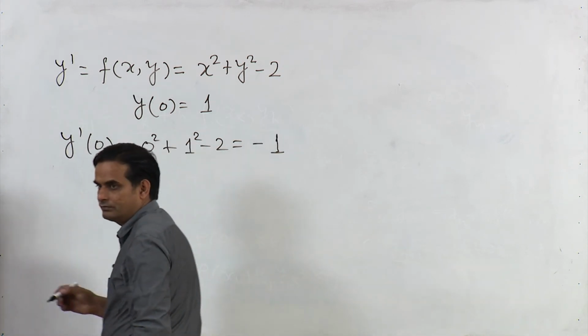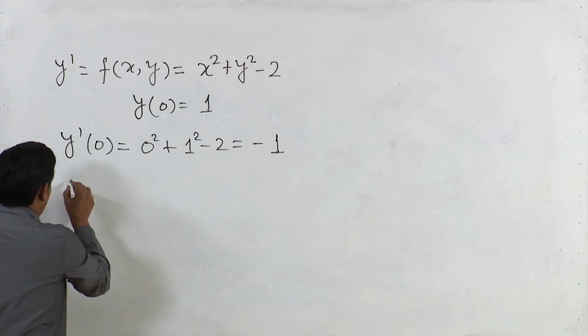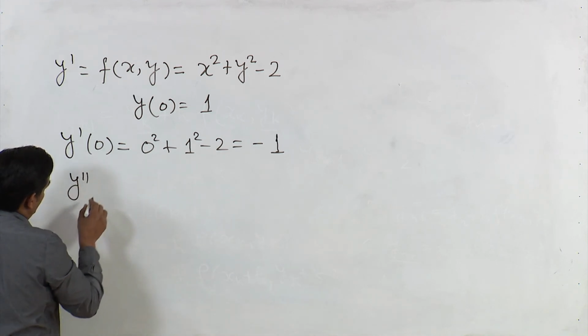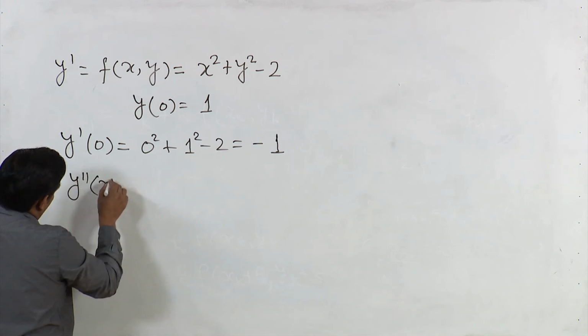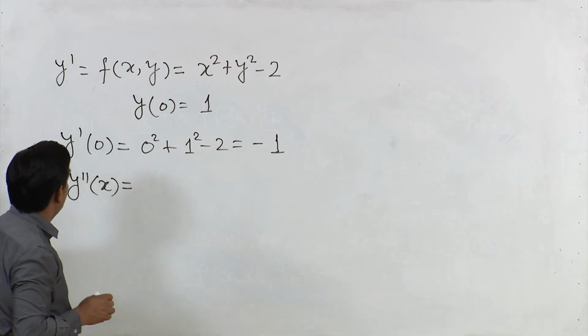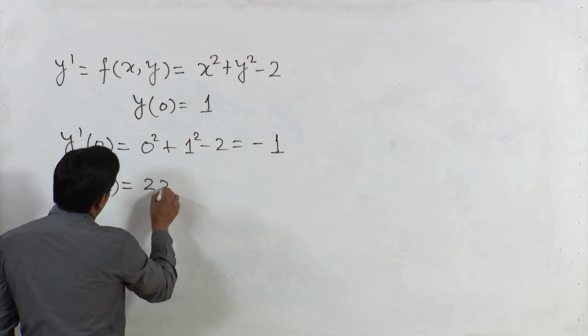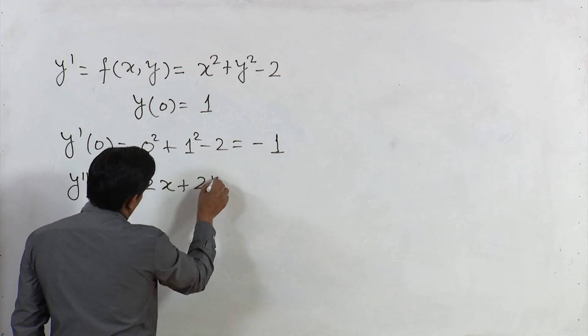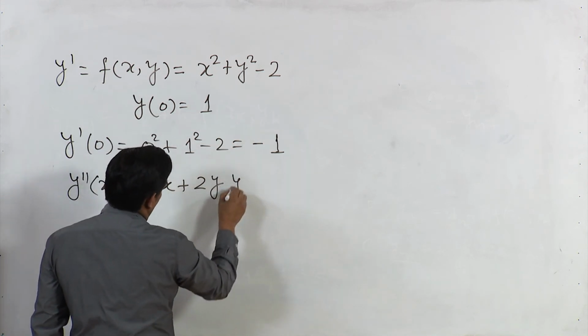And it comes out as minus 1. Now I will calculate y double prime. Y double prime of x will become twice x plus twice y into y prime.